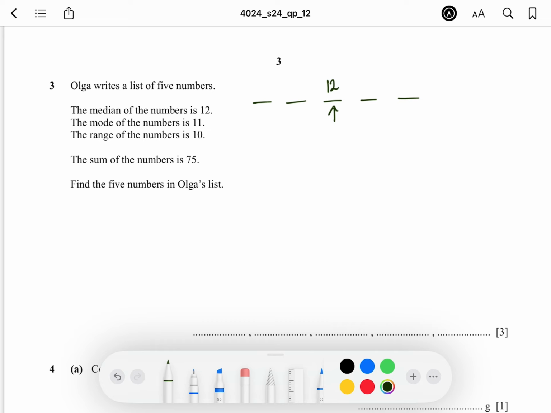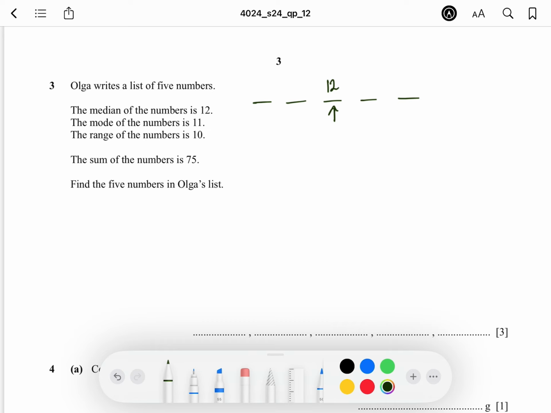The mode of the numbers is 11. Mode means the most frequent. It means number 11 occurs more than once. Now, I'm sure some of you are thinking, teacher, do the numbers need to be arranged from smallest to biggest? No? Okay.